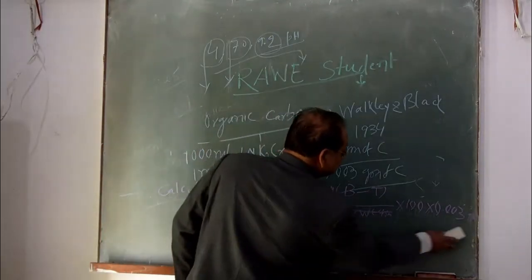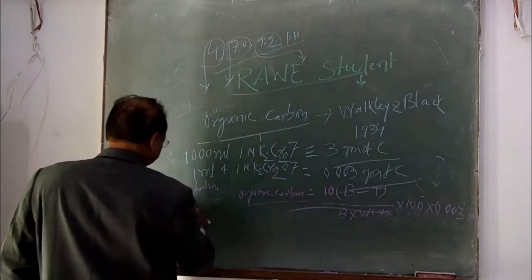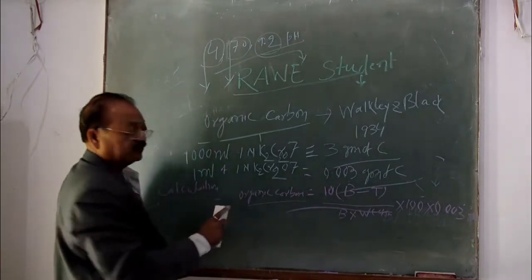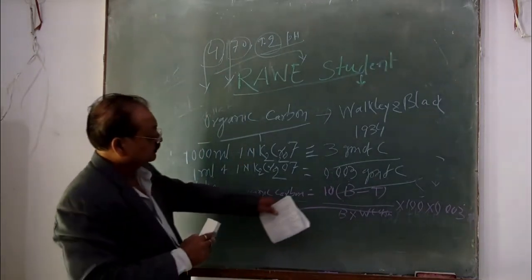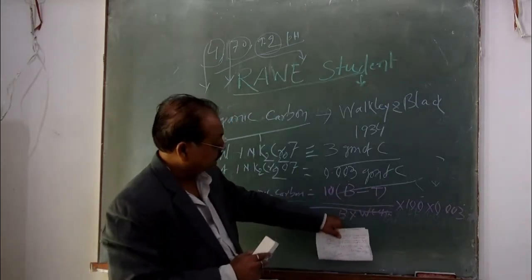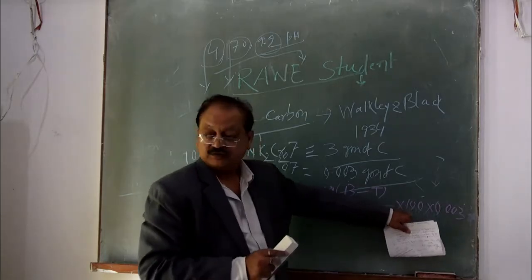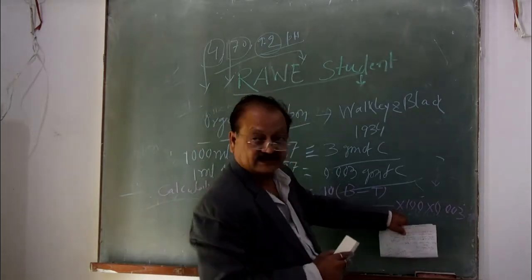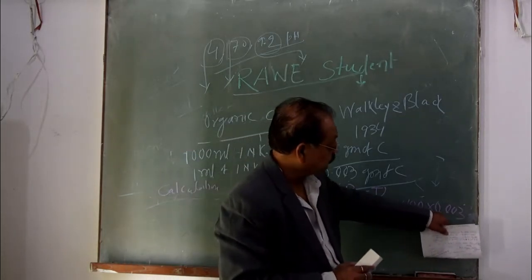So I think we have written it all: 10 within bracket B minus T, divided by B into W, into 100 is the percent, and 0.003.